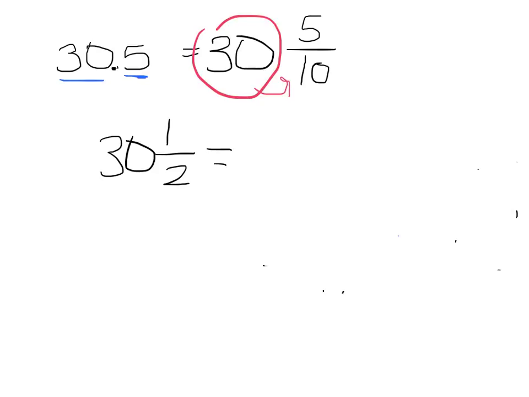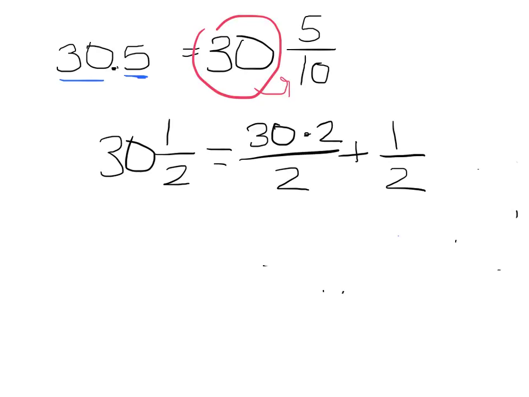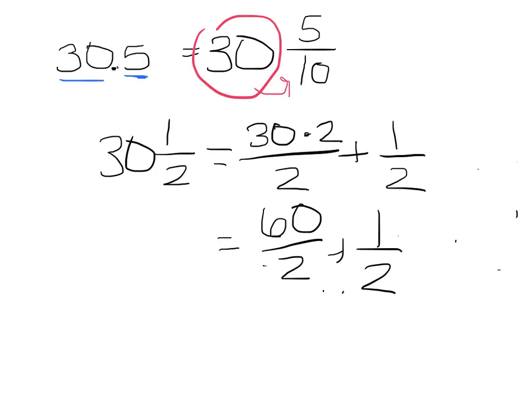So I'm still going to see how many pieces of size 2 I had to get 30 wholes. So I still have to do 30 times 2 over 2, and I will have to add that extra 1/2 in. So 30 times 2 is 60. 60 halves plus 1/2 equals 61 halves. Just like many things in math, there are many different ways to go about solving the same problem.